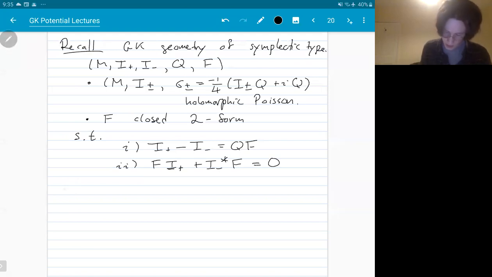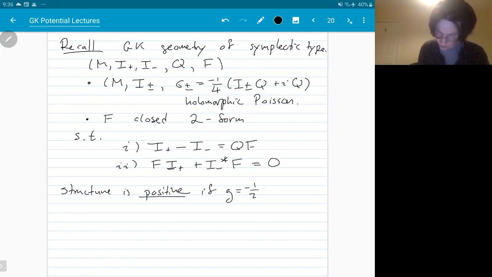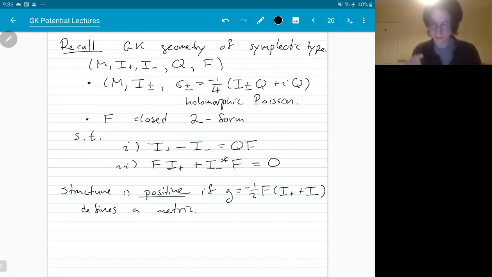But we say that the structure is positive if G, this thing here, which is always a symmetric tensor, defines a metric. And in this case, G with I plus and I minus actually defines a generalized Kähler structure.